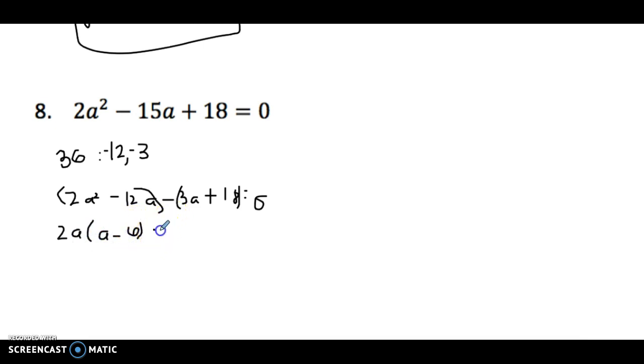Okay, and then here my GCF, remember I want to have the same thing, so I'm going to factor out a negative 3, which will make me have a positive 3 right here, right? Because there's already a minus sign. So if I factor out negative 3, that'll give me a minus 6.